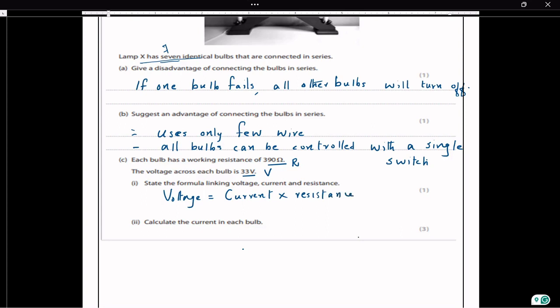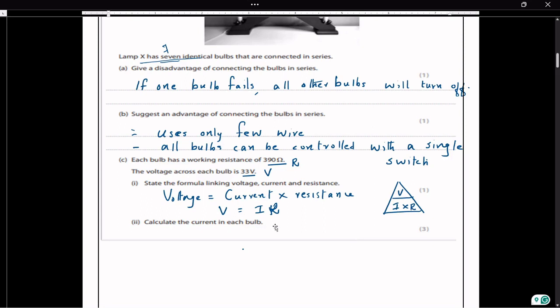So those who are using the triangle form for the equations, you can write current and resistance on the bottom part and voltage on the top part of the triangle.